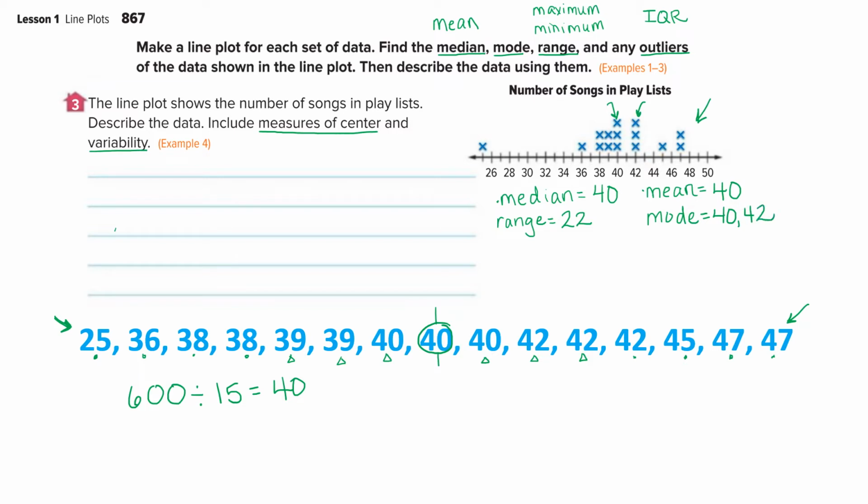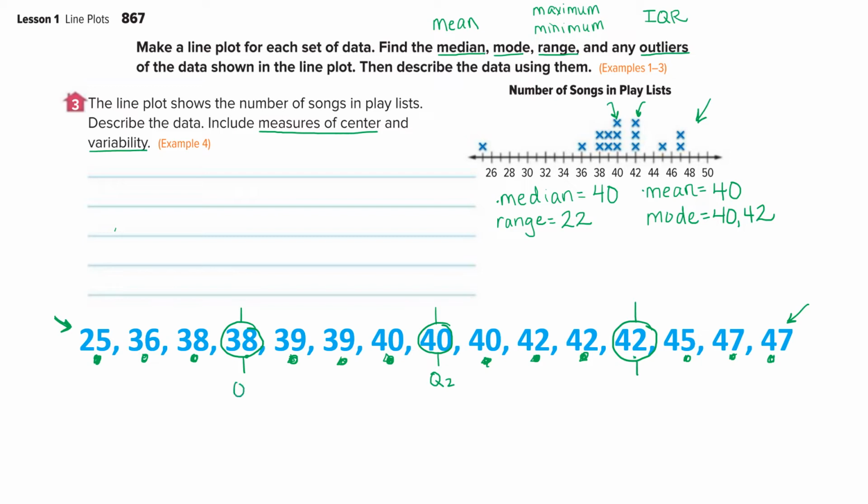Now it's time to find some outliers. I'm going to do a little bit of erasing here. We already found quartile 2. Now we're going to find quartile 1. Left, left, left, right, right, right, middle. Left, left, left, right, right, right, middle.